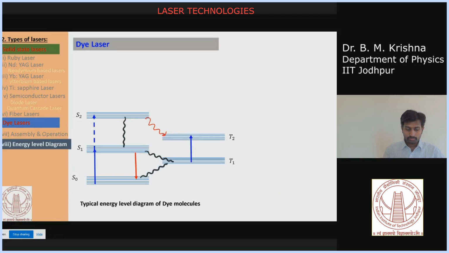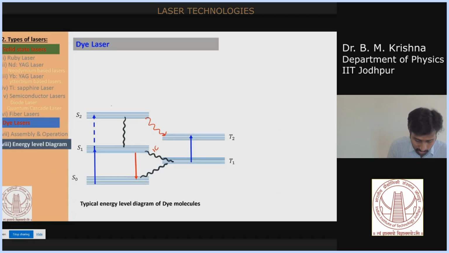Okay, so now you have a non-radiative decay from S2 to S1 or T2, and from S1 to T1 there is inter-system crossing. So this you call inter-system crossing, ISC.